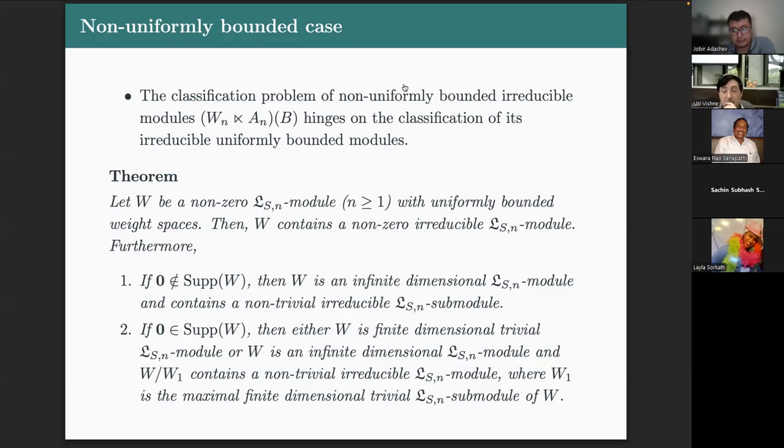It is always important whether 0 is in the support or 0 is not in the support. This is very crucial, and this gives the classification of the non-uniformly bounded case.